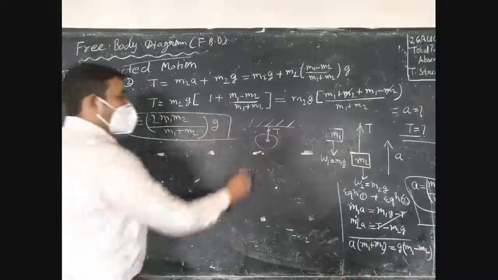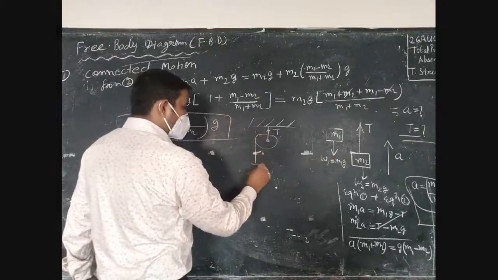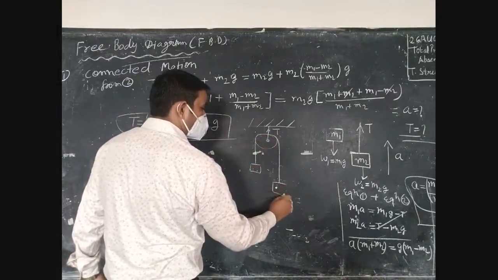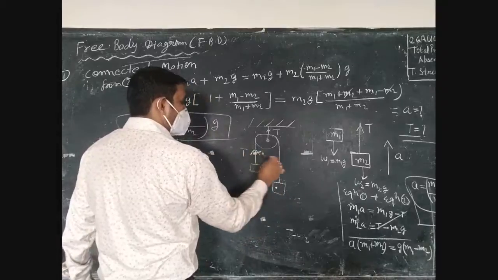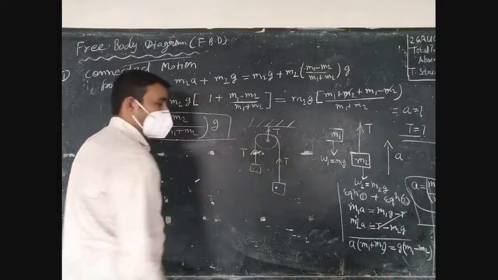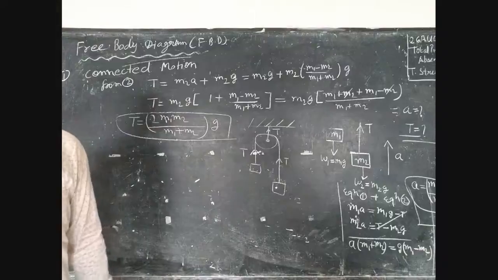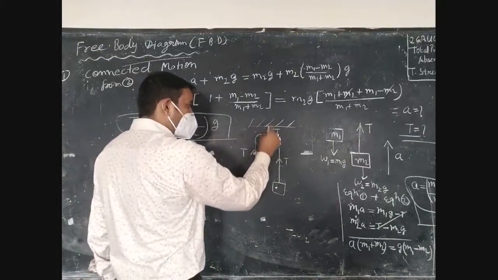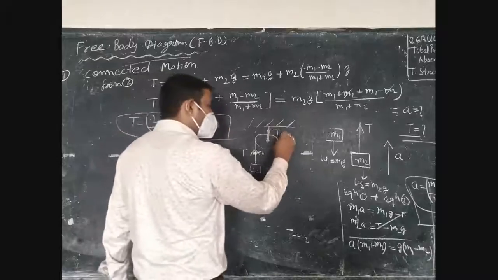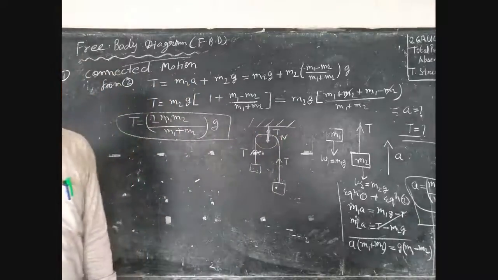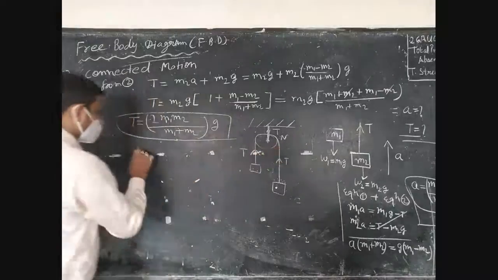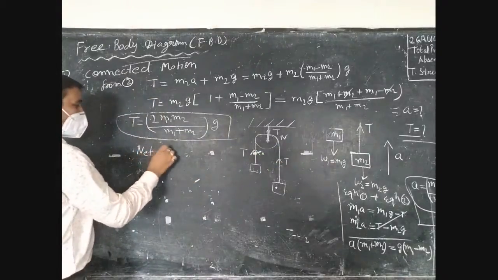Okay, and the two blocks are attached here. Because of this, there is tension T and there is tension T also acting. So how much is the net tension at this rod? So we use here this T. Now where is the direction of the two tensions? So the answer is net tension.